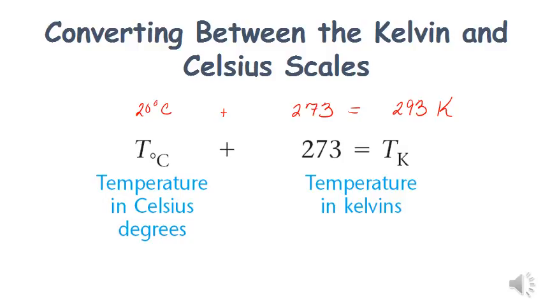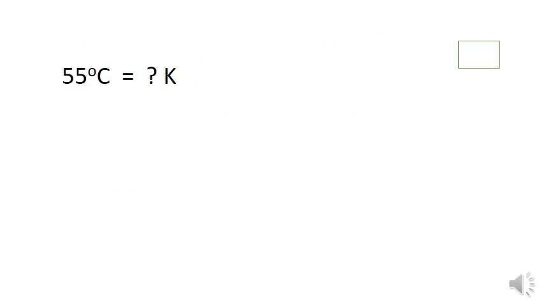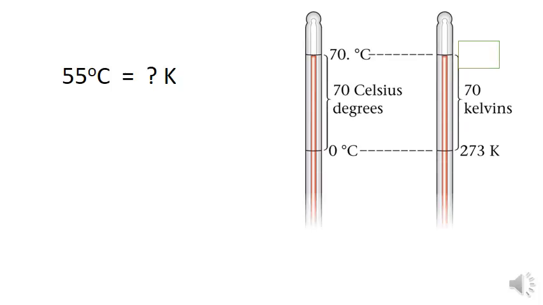To practice this conversion, let's take a look. If you had 55 degrees Celsius, how many Kelvin would you have? So to take a look at these two scales. For starters, notice it is simply a shift of 273. At 0 degrees Celsius, we have 273 Kelvin.